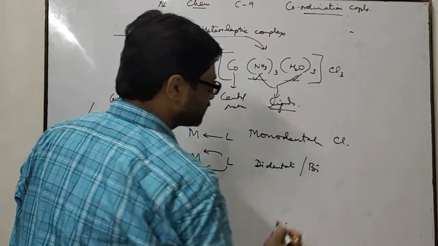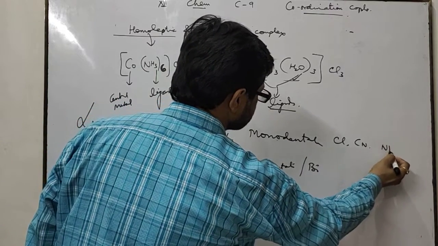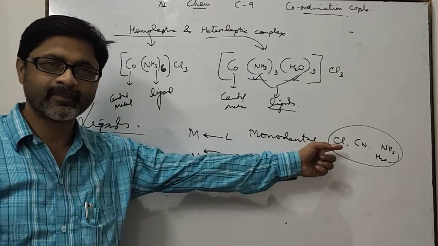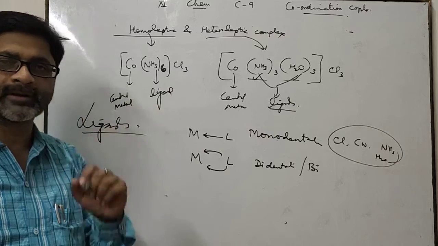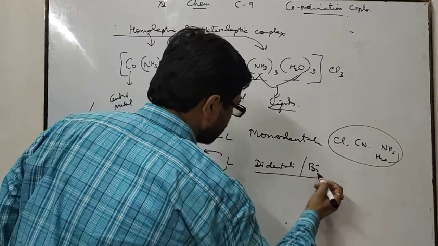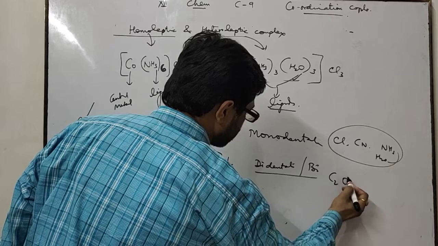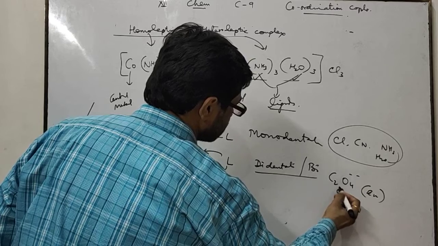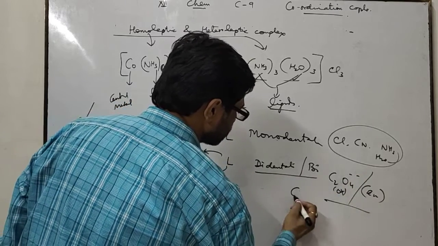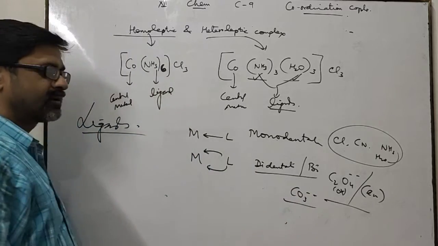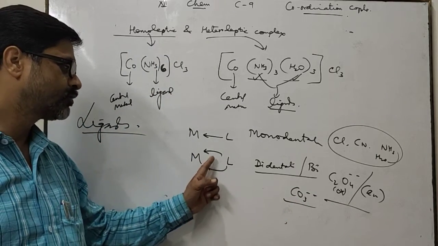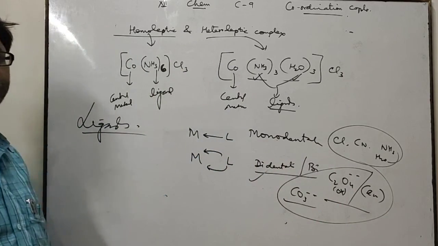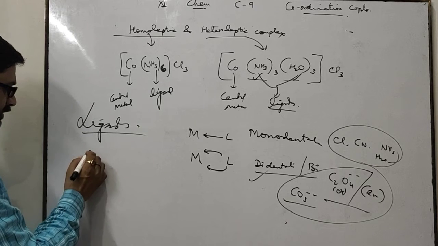See here, Cl-, CN-, NH3, H2O: these are some ligands which are monodentate, meaning these ligands form only one coordinate bond with the central metal. Here C2O4 2-, ethylene diamine, oxalate, CO3 2-, etc. There are some ligands which can form 2 coordinate bonds with the central metal, hence these are called didentate or bidentate ligands.